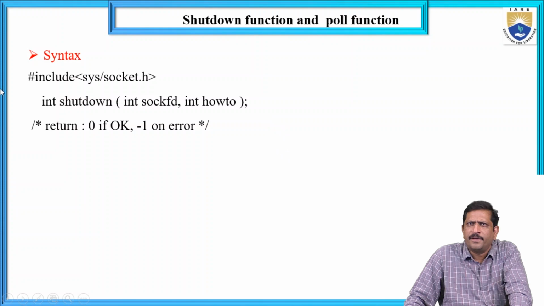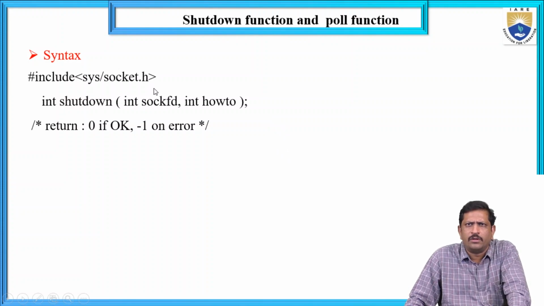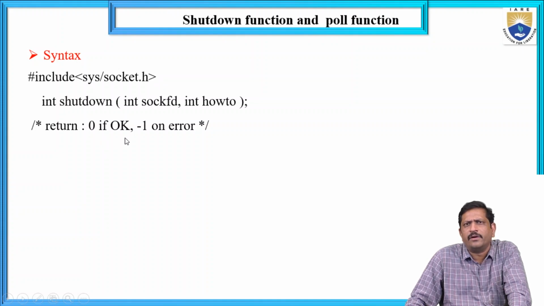Generally, we can use #include <sys/socket.h>, then shutdown with the socket file descriptor and how, which returns 0 if it is okay.